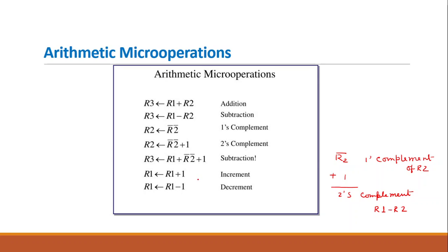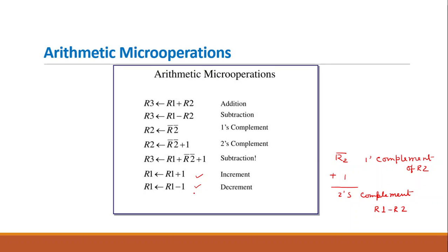Next operation is the increment and decrement operation. The increment and decrement microoperations can be symbolized by plus 1 and minus 1. So it indicates increment the contents of R1 by 1, and this microoperation indicates decrement the contents of R1 by 1.